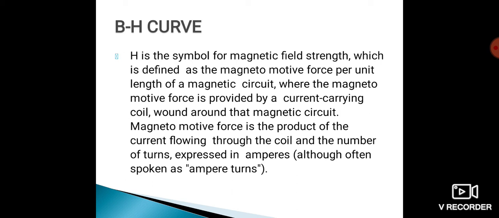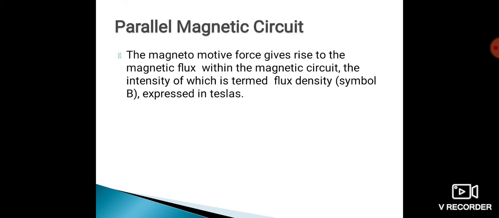The magnetomotive force is the product of the current flowing through the coil and the number of turns, expressed in amperes, although it can also be called ampere turns.